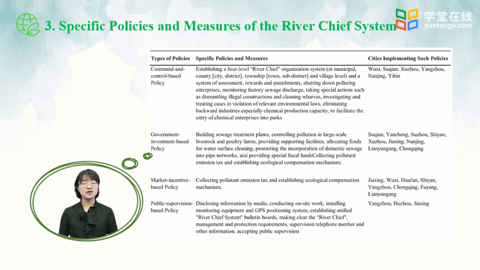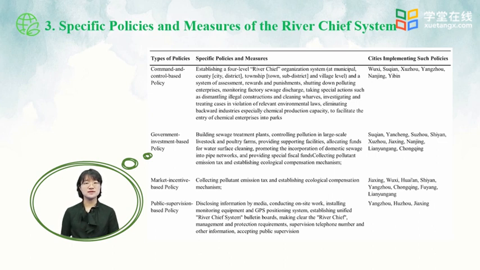For example, the command and control policy involves establishing a four-level river chief organization system, namely a system at municipal, county, township, and the village level, with leaders of government at all levels being the river chiefs with specific levels.